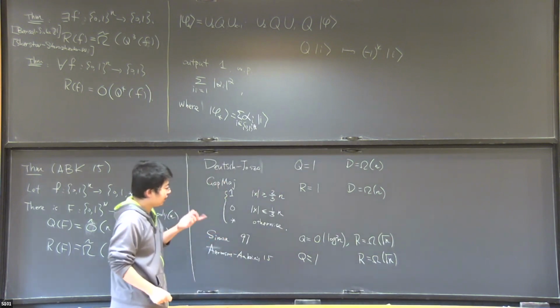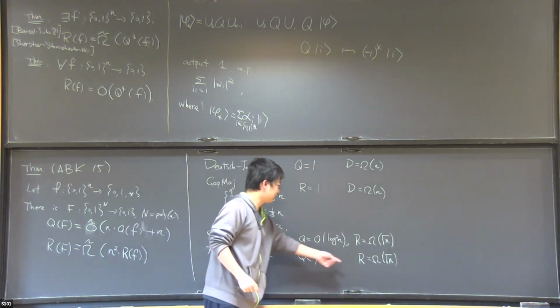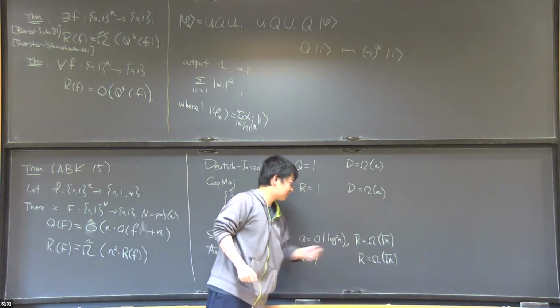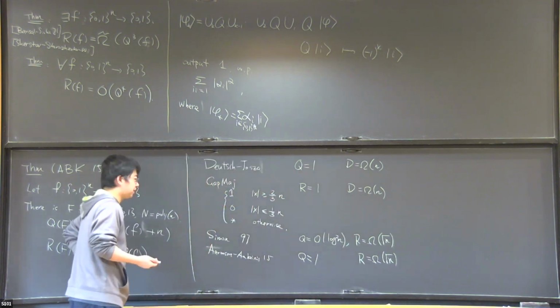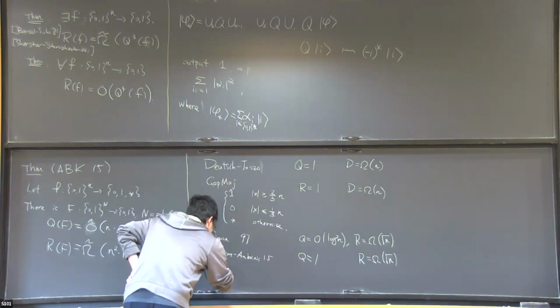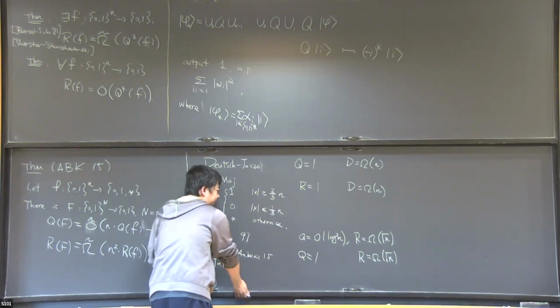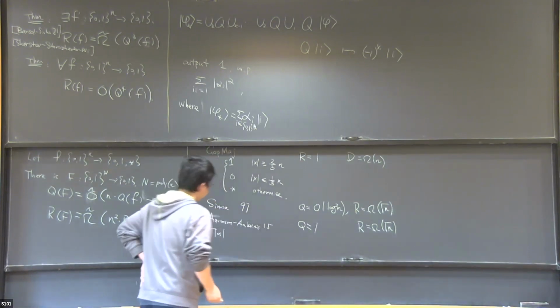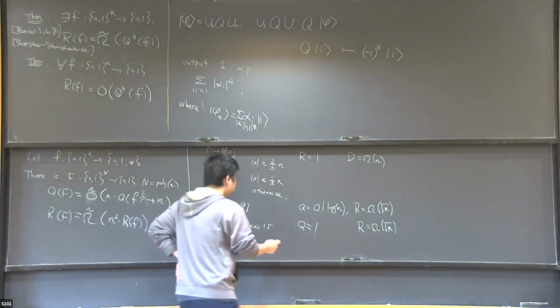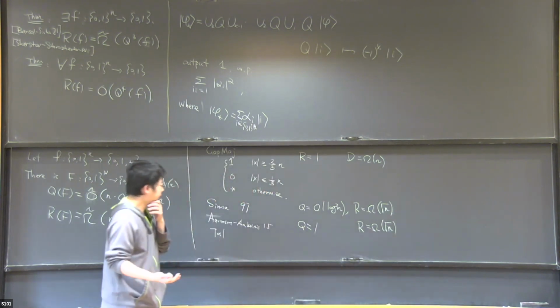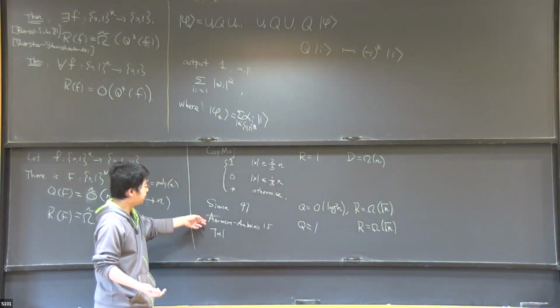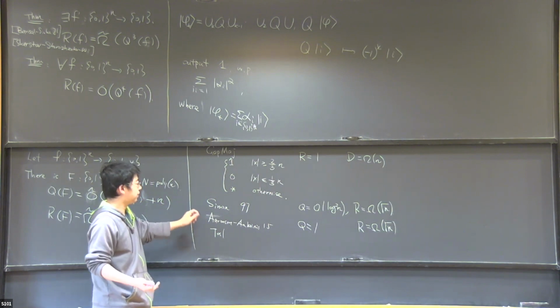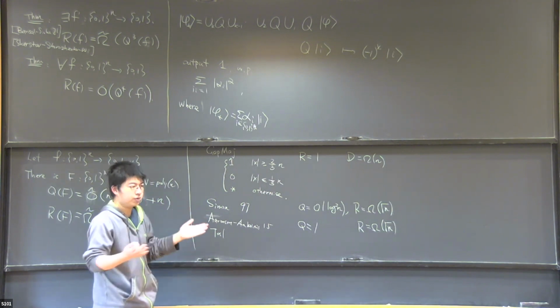So not only exponential separation, but now we also have this constant versus polynomial separation. And then Tal actually worked on a generalization of the problem introduced by Aaronson and Ambainis. We will see that.